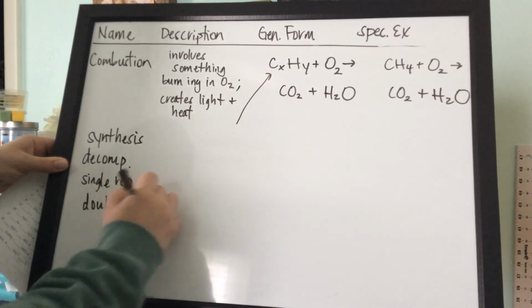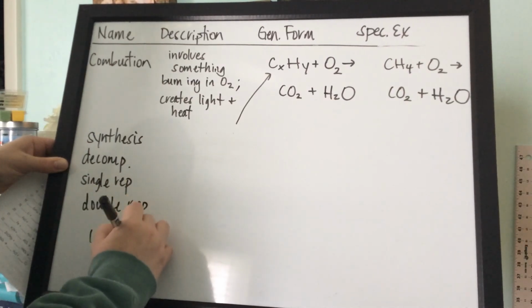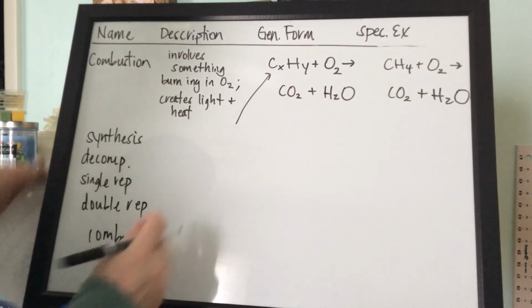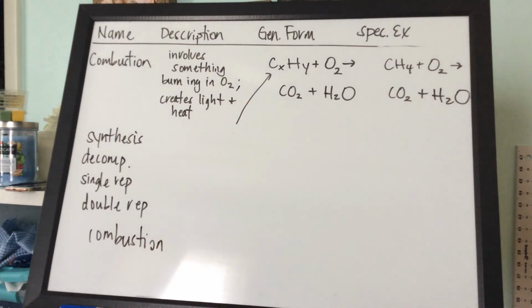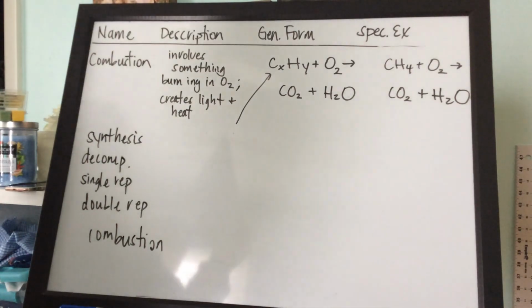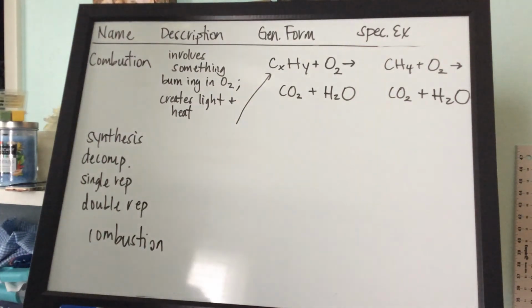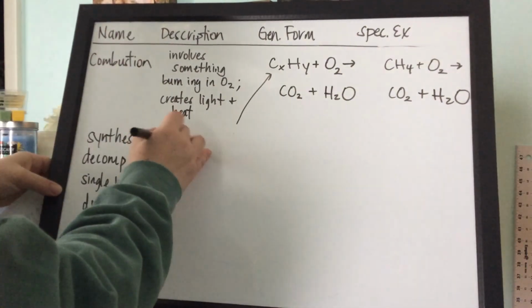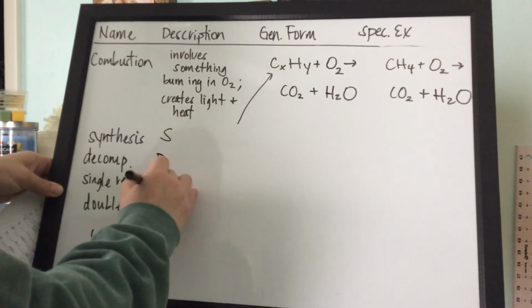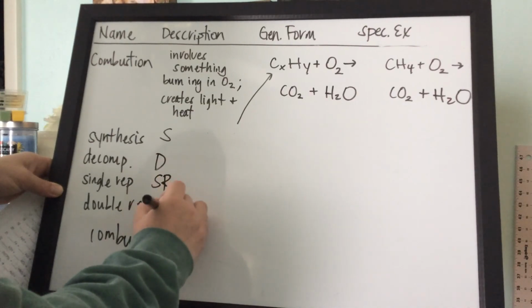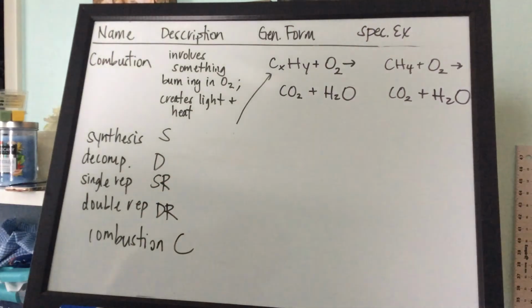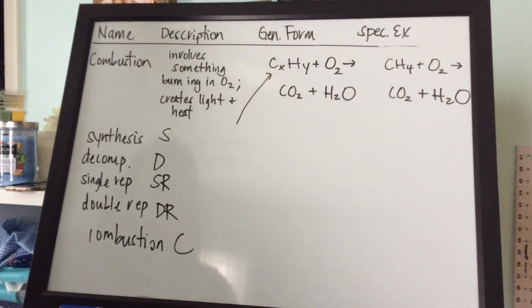Okay, so we have 5 reactions, and I find it easiest to abbreviate them so we don't have to spend our time writing the whole word out. So for a synthesis reaction, we just abbreviate it as S, decomposition as D, single replacement as SR, double replacement as DR, and combustion as C. We kind of use that as a standard in my class, so we don't have to write those words.